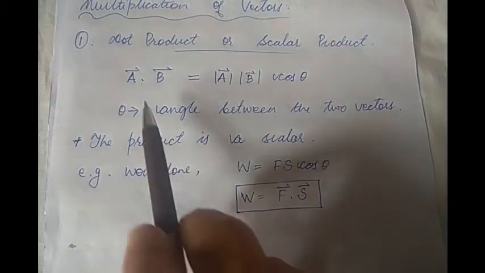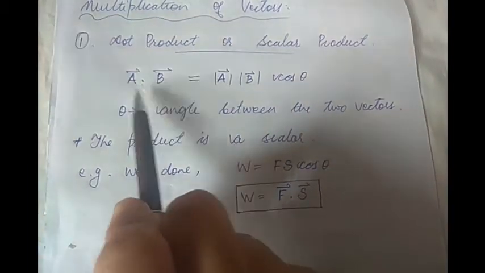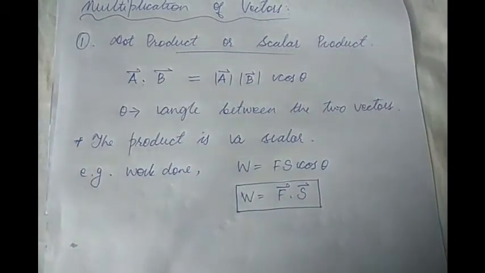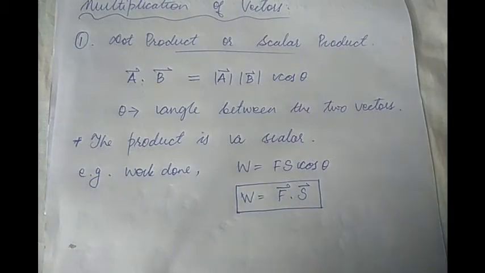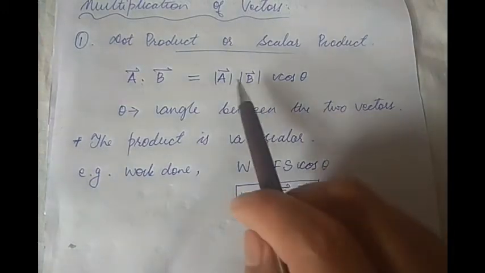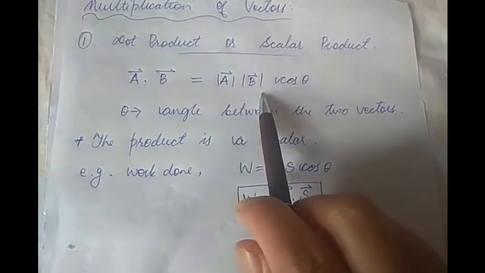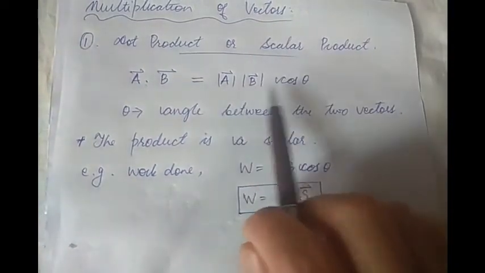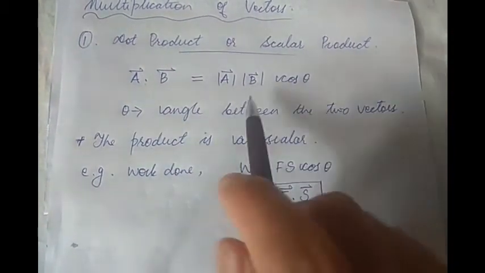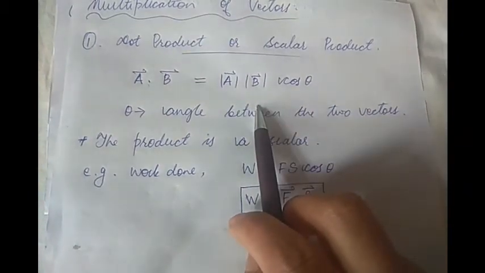That is possible only when you find the dot product, remember that. So a dot b gives you a scalar. Scalars only have magnitude, and the magnitude of that scalar quantity will be modulus of a, modulus of b, cos theta, or simply ab cos theta, where theta of course is the angle between the two vectors.